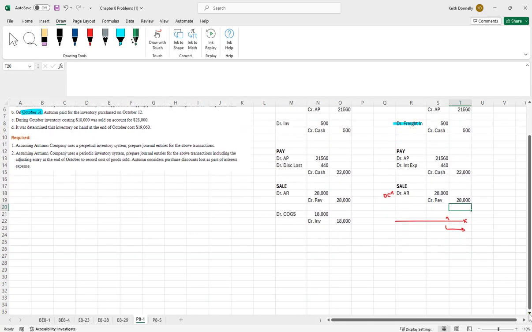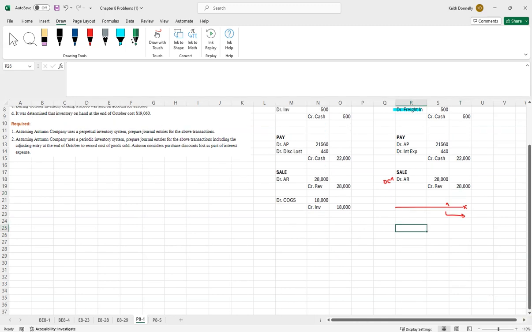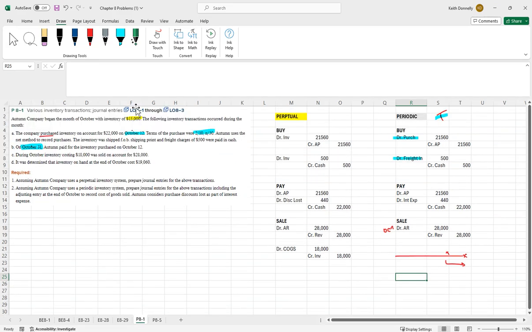And when we are at the end of the period, how do we do this? We've got to look at the numbers again. We have our beginning inventory, they tell us, of 15,000, our ending inventory of 19,060.